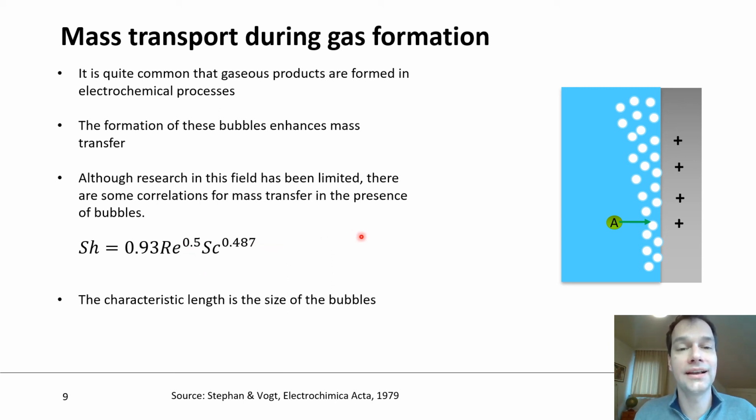And they claim that the characteristic length in this case is the size of the bubbles. Now, to be honest, there are not so many papers in this field, so I'm not 100% convinced about the validity of the equation, but for the time being, it is the only thing we have.